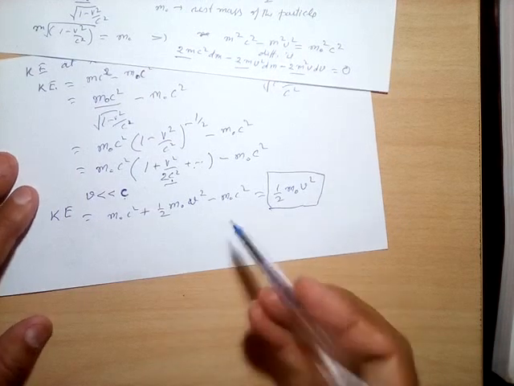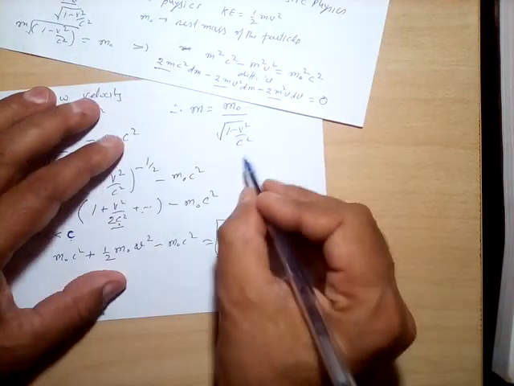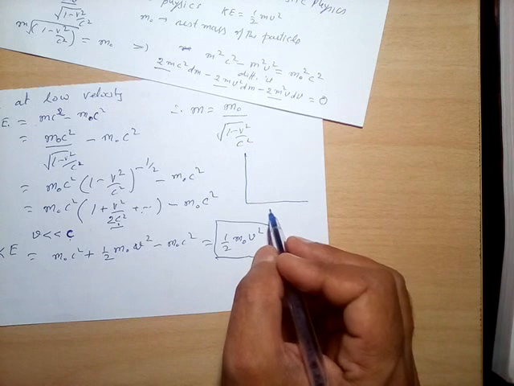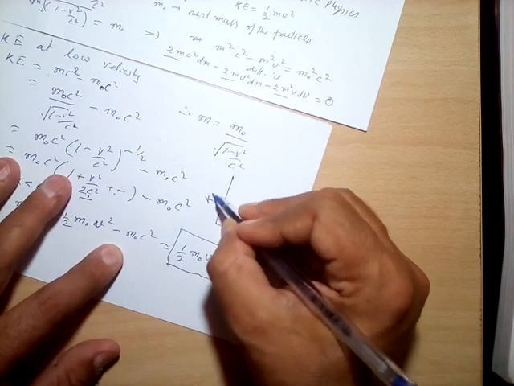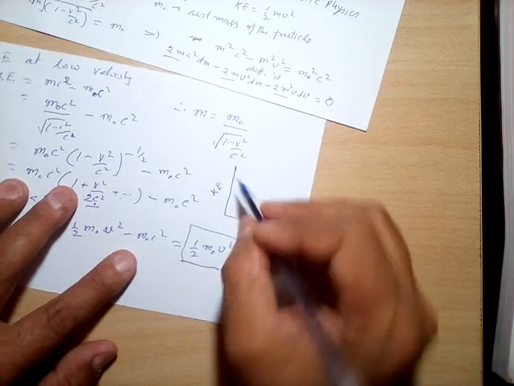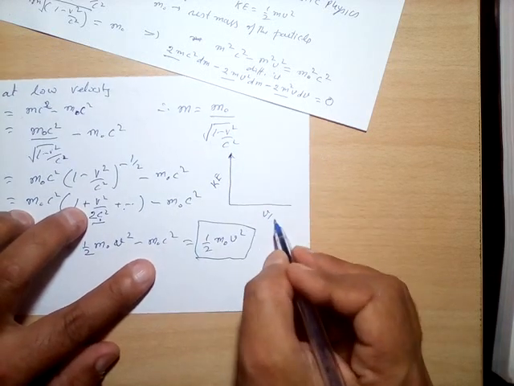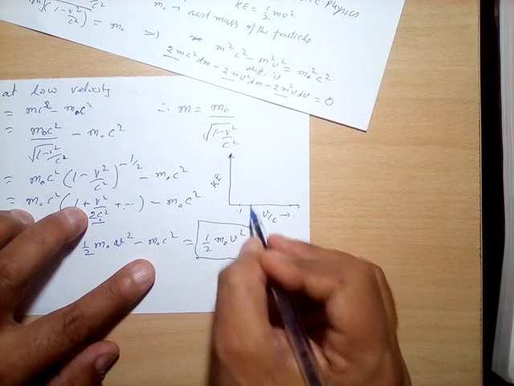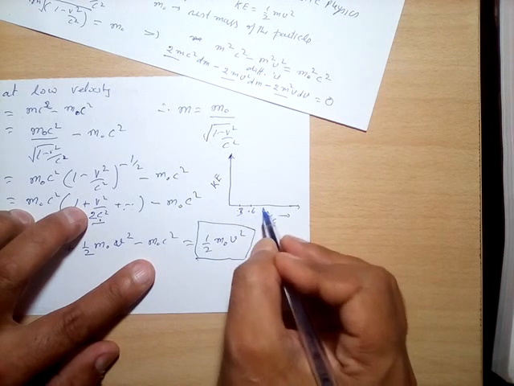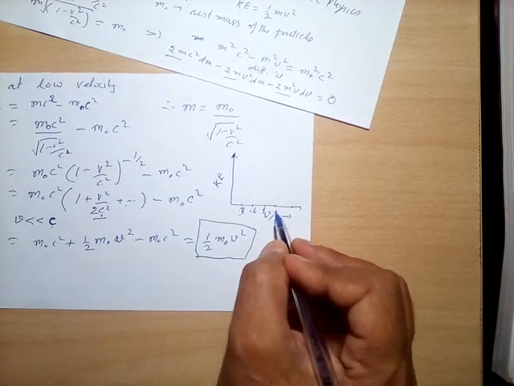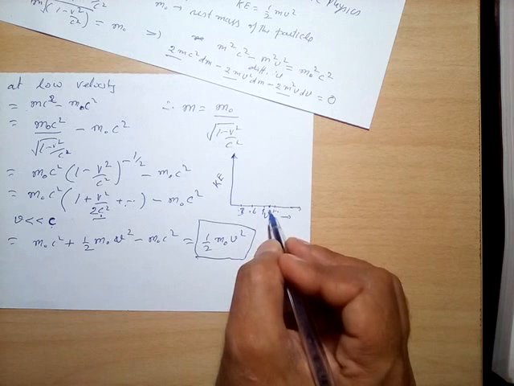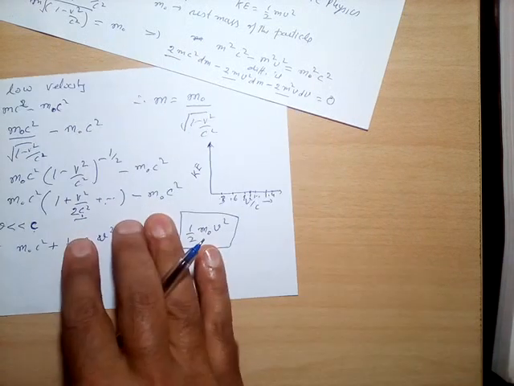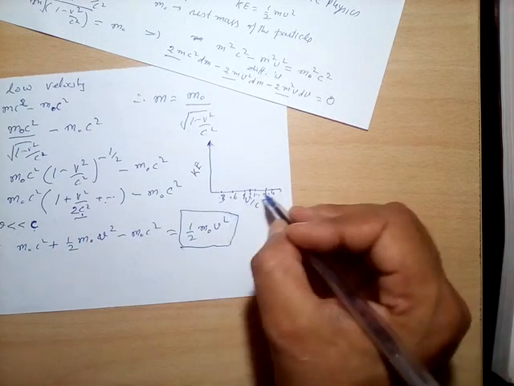And another thing: if we plot the kinetic energy expression, with kinetic energy along this axis and v by c in this direction, so it is 0.1, 0.3, 0.6, 0.9, 1.1, or here say 1.4, like this.